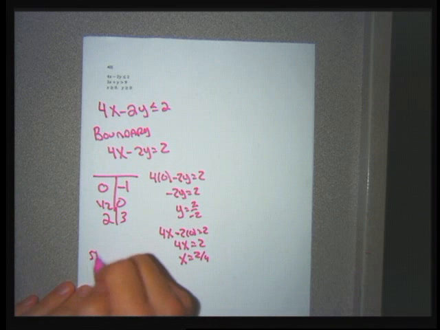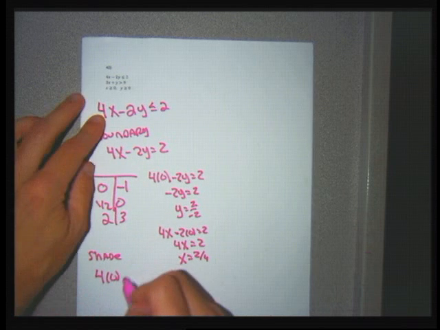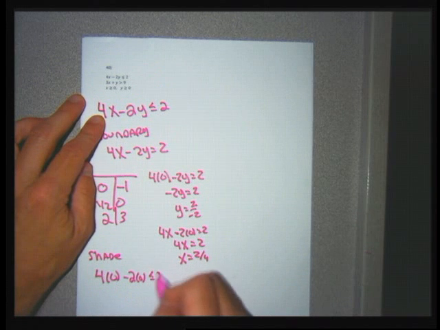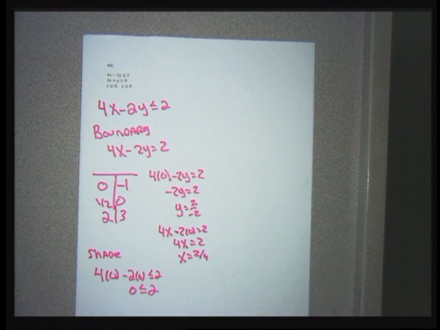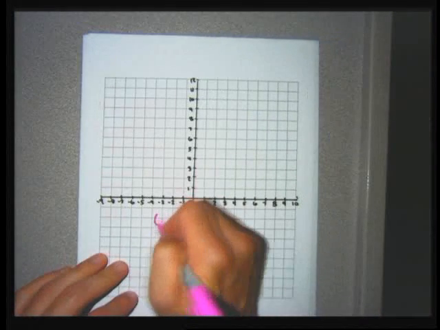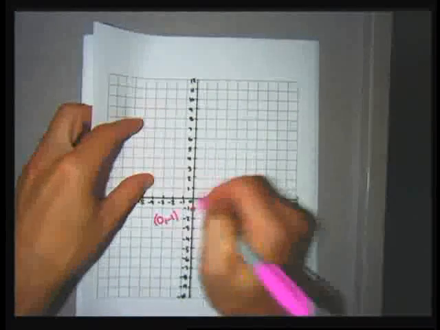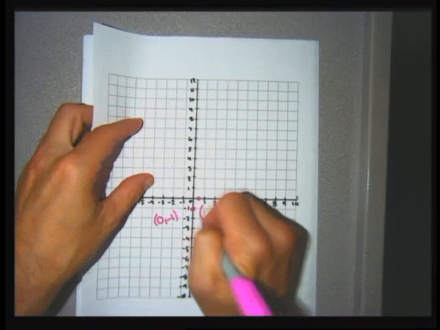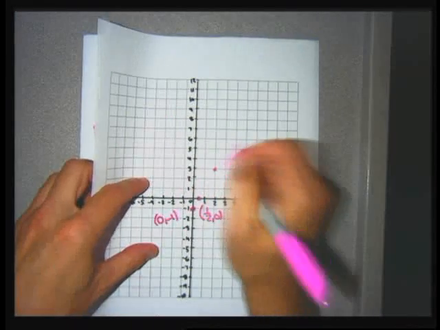And then for shading, I'm going to go 4 times 0 minus 2 times 0 is less than or equal to 2. This gives me 0 is less than or equal to 2, which is true. So I want to shade towards the point 0, 0 and stay in the first quadrant. So when I go to graph these, I graph the point 0, negative 1 and the point 1/2, 0 and the intersection point of 2, 3.